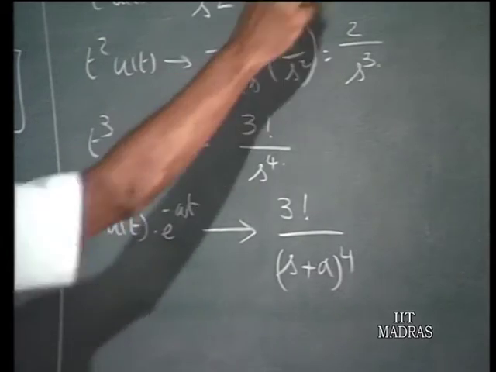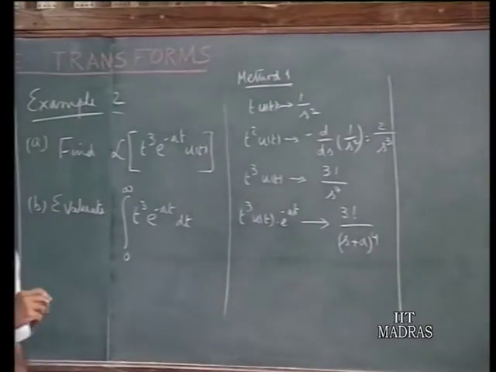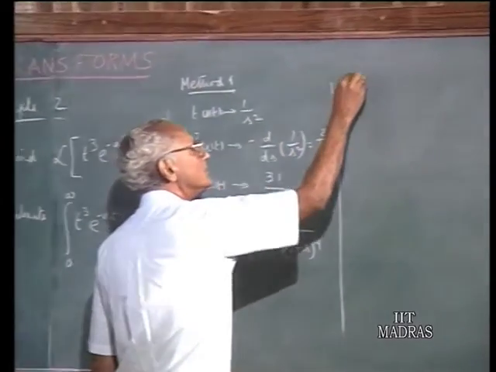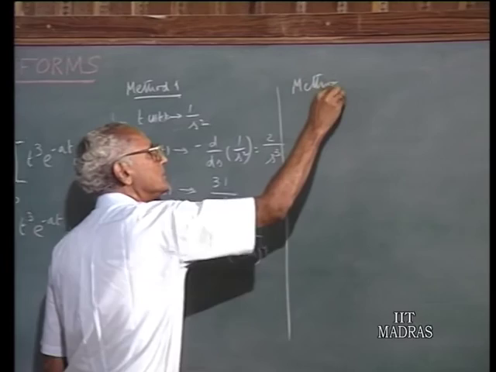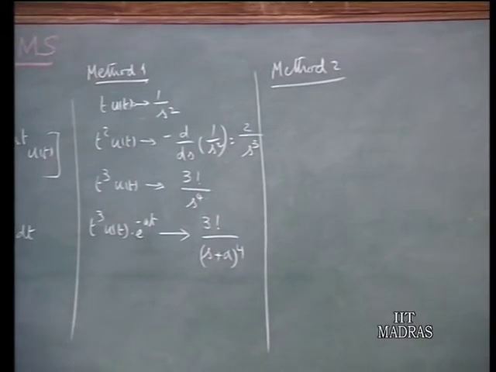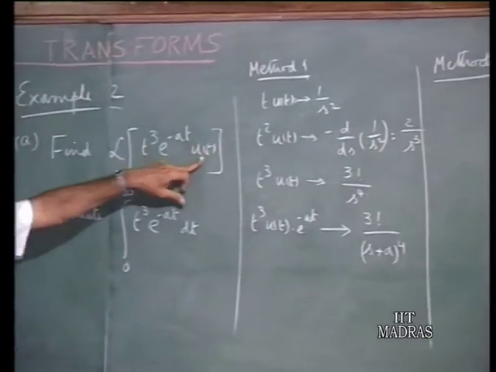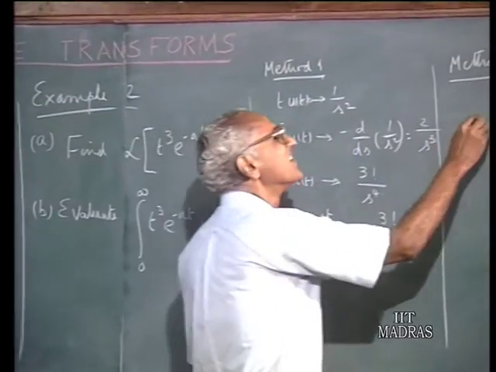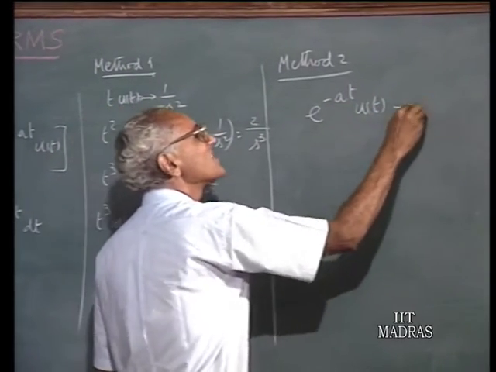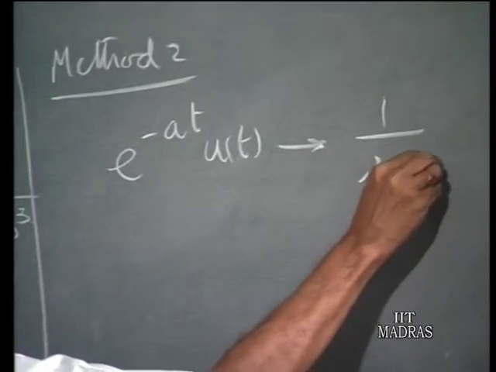Now, let us do this by taking another approach, method 2. Let me start with the Laplace transform of e to the power of minus a t u(t). So, e to the power of minus a t u(t) has the Laplace transform 1 over s plus a.